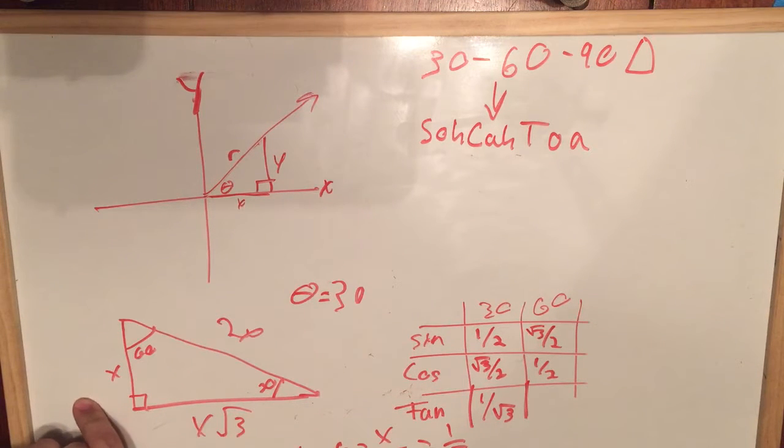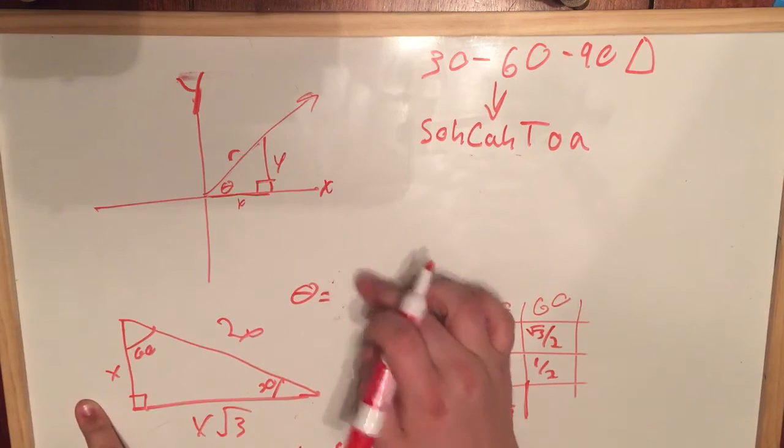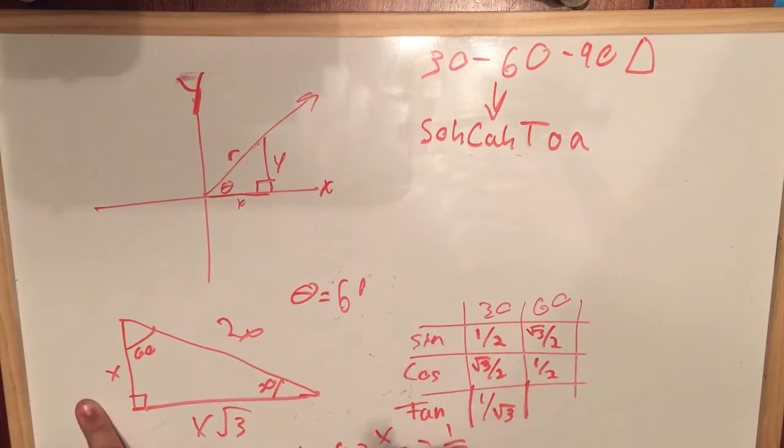Now, the tangent of 60 then, theta, meaning that this is going to be 60 now. I'm just going to erase all of that so that it's less confusing.